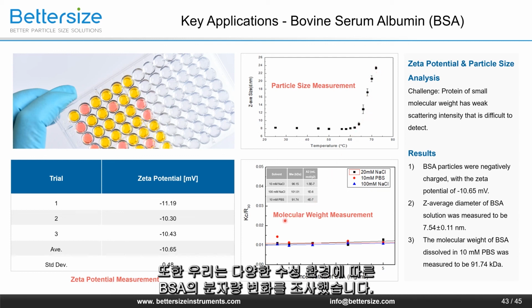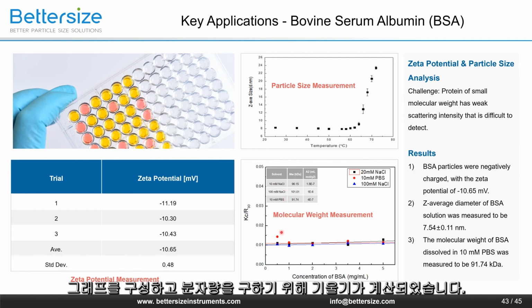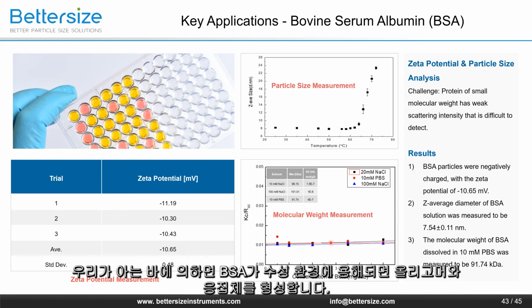In addition, we have investigated the changes of molecular weight of BSA in different aqueous environments. A Debye plot was constructed and the slope was calculated to provide molecular weight. According to our knowledge, when BSA is dissolved in aqueous environments, it forms oligomers and aggregates.